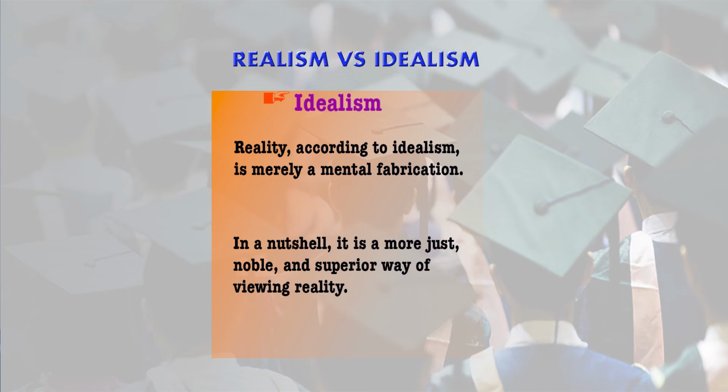In a nutshell, it is a noble, superior way of viewing reality. They always question realism, and they say if the mind doesn't have the idea about any real thing, suppose that there is a mountain, if the mind refuses to accept that this is a mountain, it is very difficult to accept whether the mountain actually exists or not. So that is what idealist philosophy says.